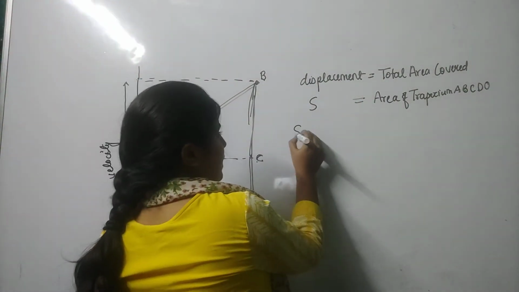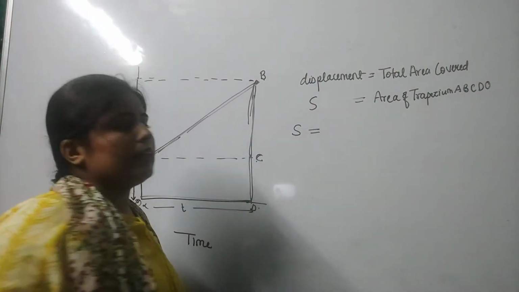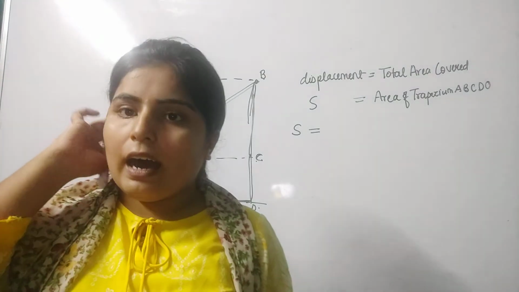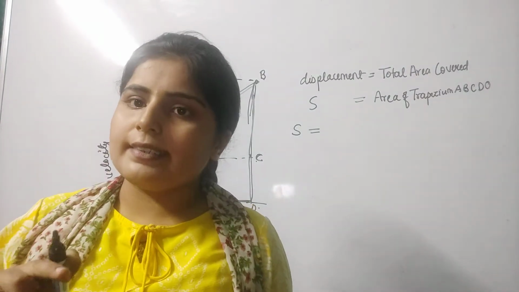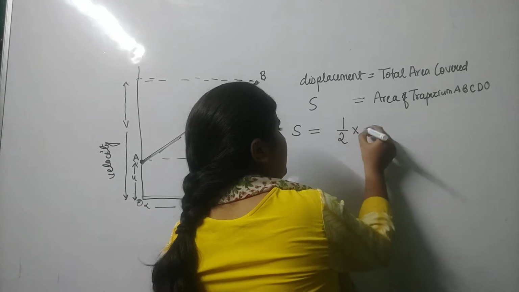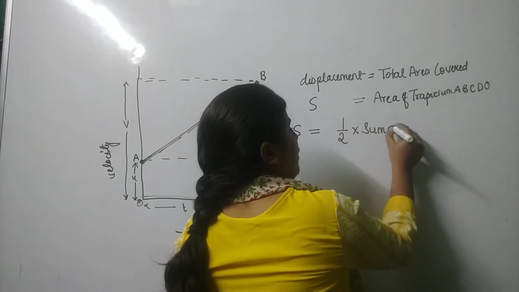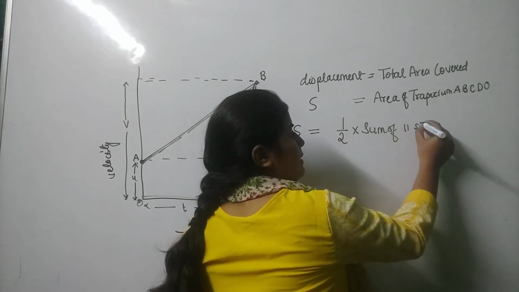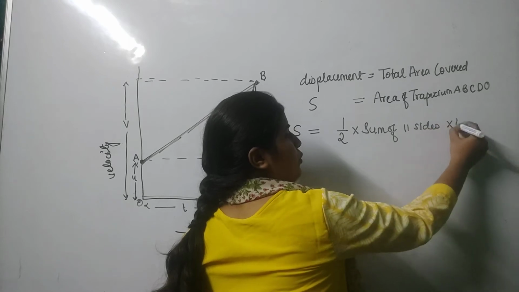We know that the area of a trapezium is half the sum of parallel sides into height. So S will be equal to half into the sum of parallel sides into height.